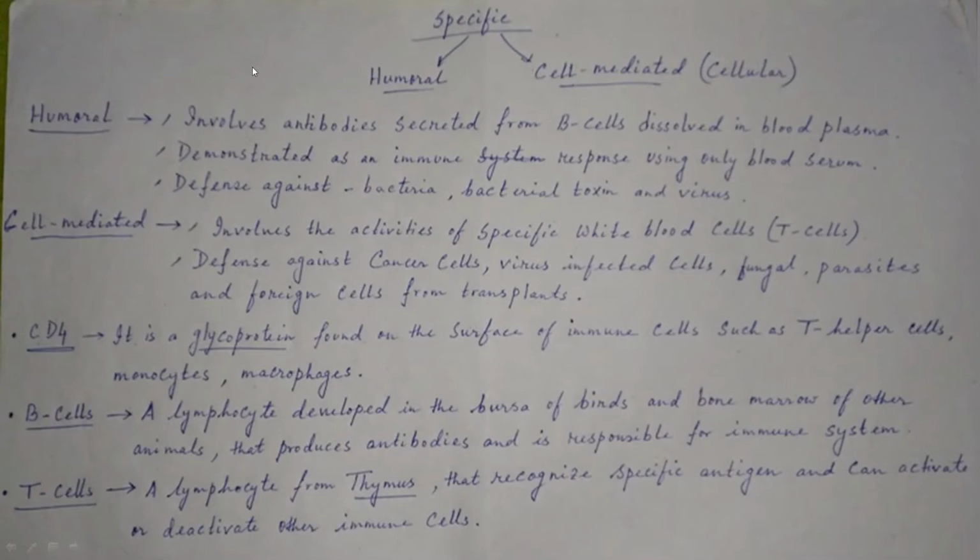This is humoral immunity. Now, cellular, it involves the activities of specific white blood cells. That is only the activity of T cells, specific T cells. Defense against cancer cells, virus infected cells, fungal, parasites, and foreign cells from transplants.